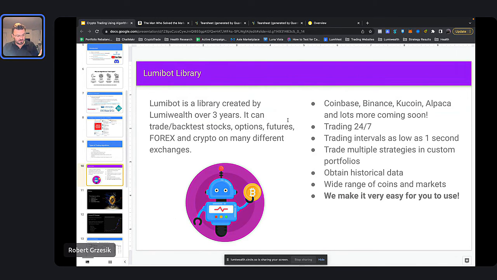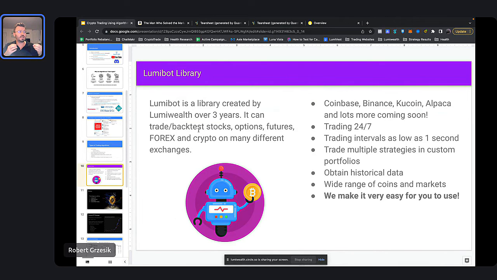What it basically allows you to do is trade and back test stocks, options, futures, forex, and crypto. So many different types of asset classes. We're able to back test strategies. So what is back testing? Back testing basically means simulating trading in the past.